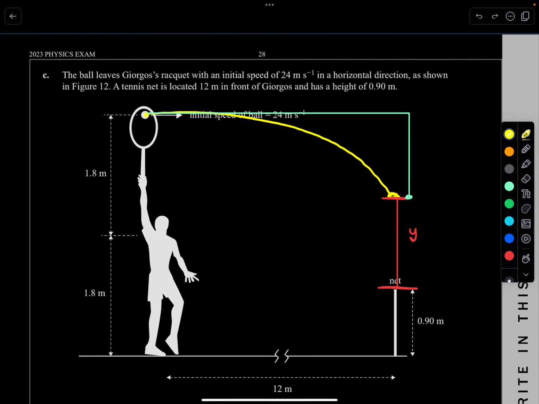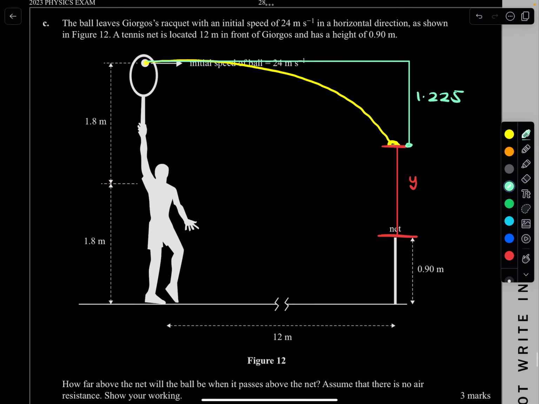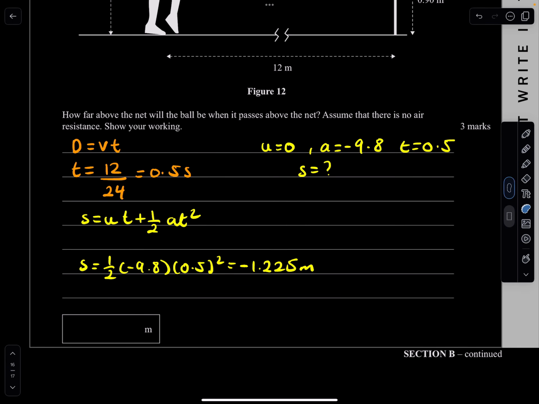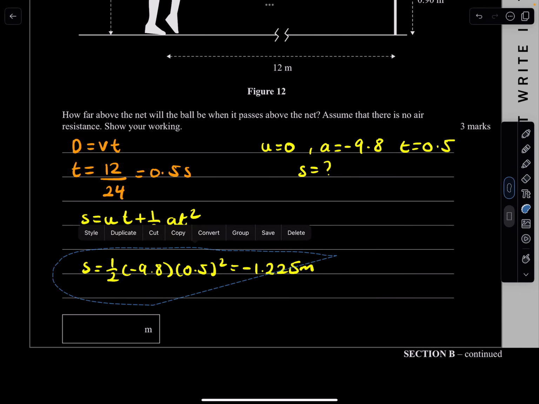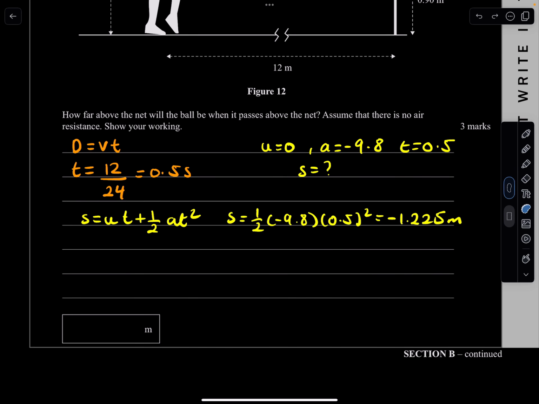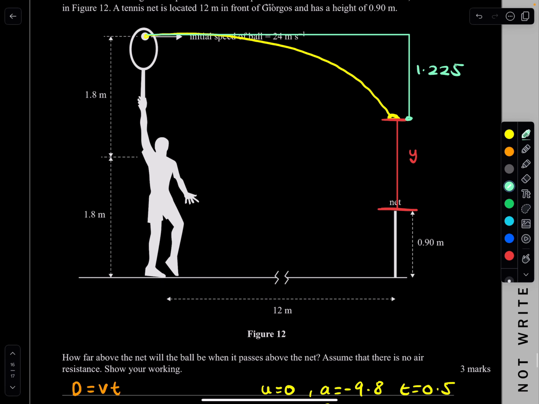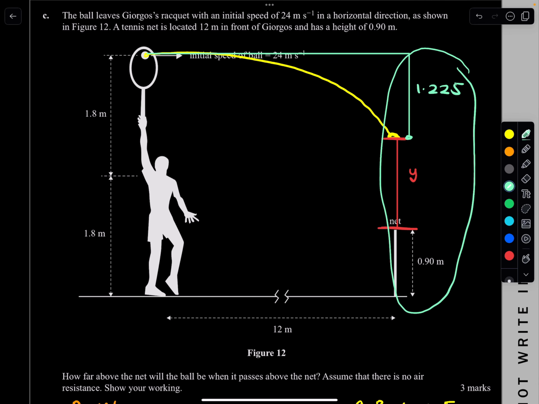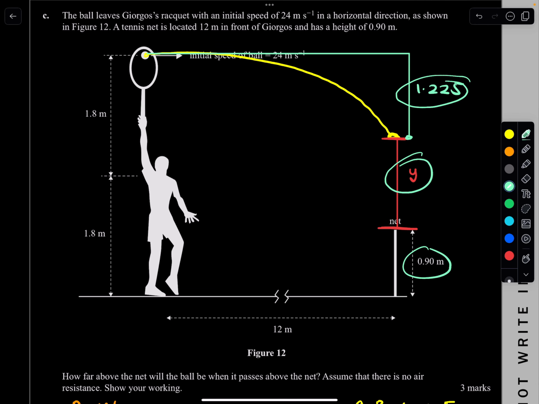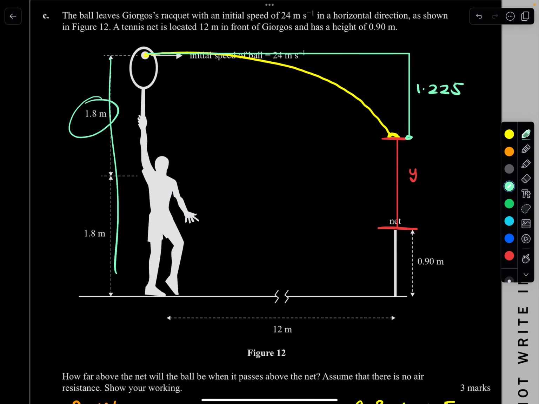So this distance here is 1.225 meters. And now all we've got to do is equate, because have a look at this. We know basic mathematics here. Adding all these up, like this, should equal these two added, because that distance here is equal to that distance here, and we can easily calculate y.